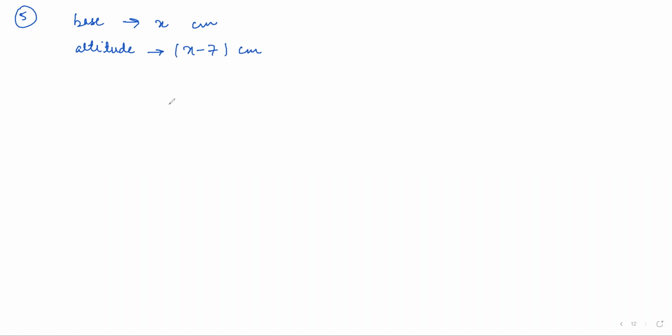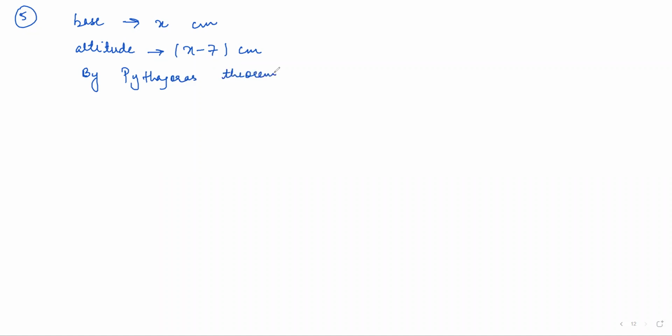Find the other two sides. Because it is given that it is a right triangle, it will obey Pythagoras theorem, right? Yes. So by Pythagoras theorem, you can write... What is Pythagoras theorem?